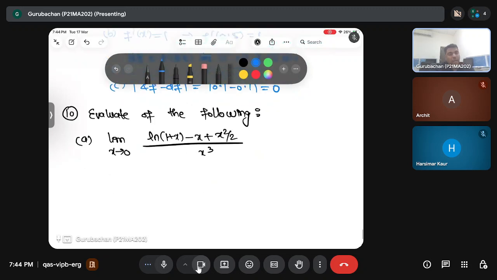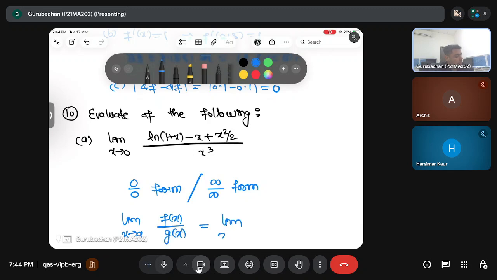If you remember, L'Hopital rule is only applied in two conditions. Either you have 0 by 0 form, or you have infinite by infinite form. And what is L'Hopital rule? That limit x tends to a of f(x) by g(x) is the same as f dash x by g dash x.